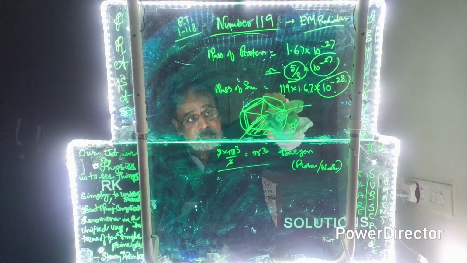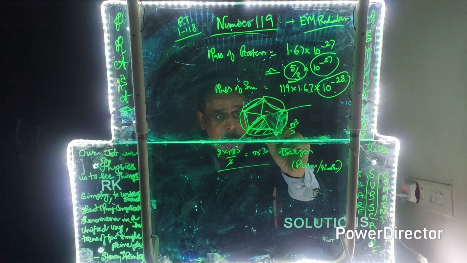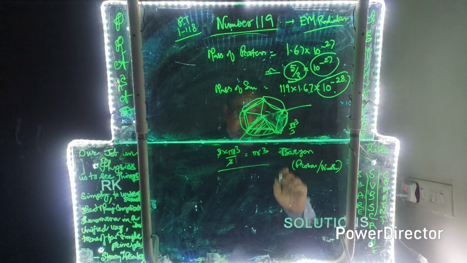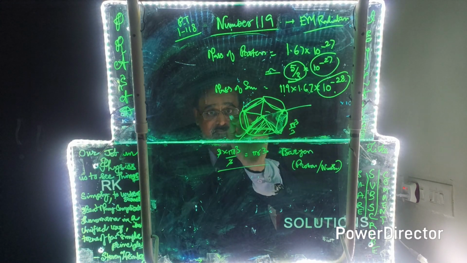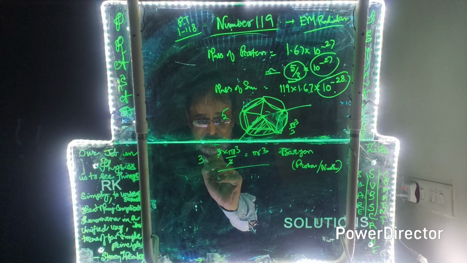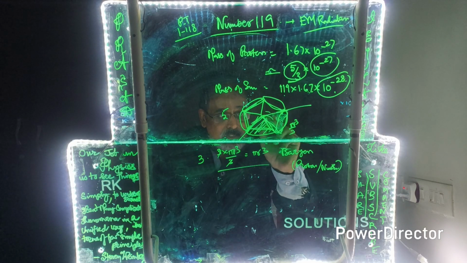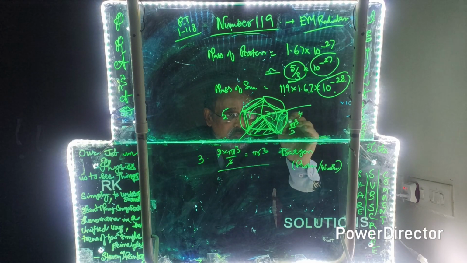If you retain this, you have these two. This represents, let us say, 5. This represents 3. And if you don't cut this off, this whole thing will represent 4.